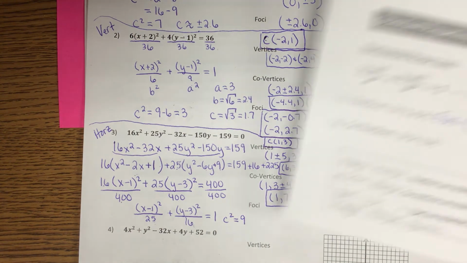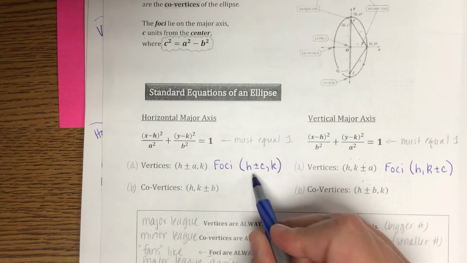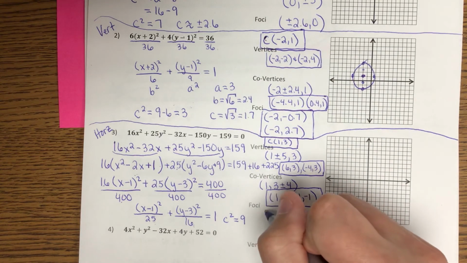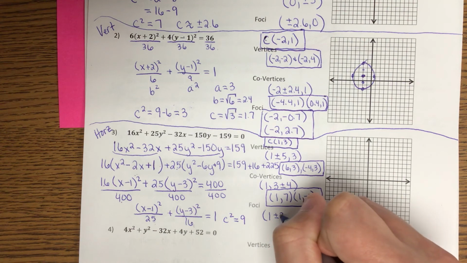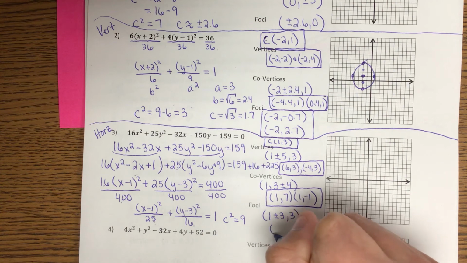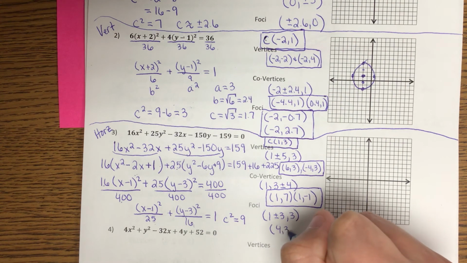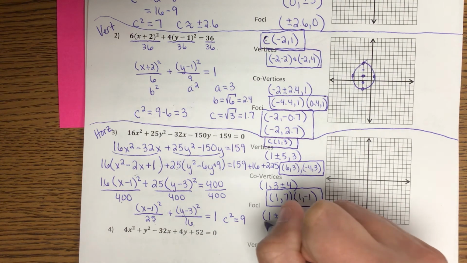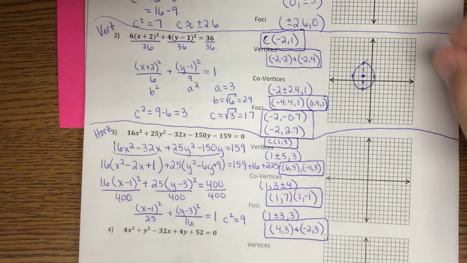So then I'll go to my table one more time, and I'll do this part that we wrote down. H plus or minus c, so h plus or minus 3, and then k. So then the foci should be 4, comma 3, and negative 2, comma 3. And that's without even graphing it.